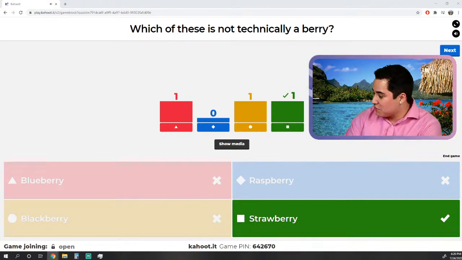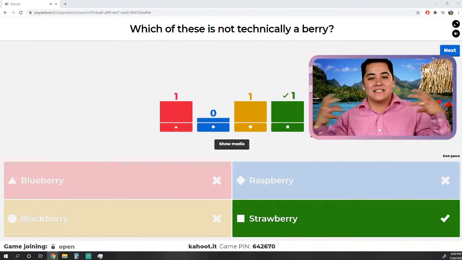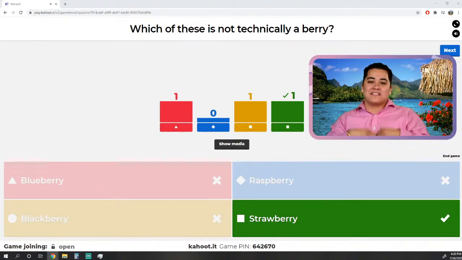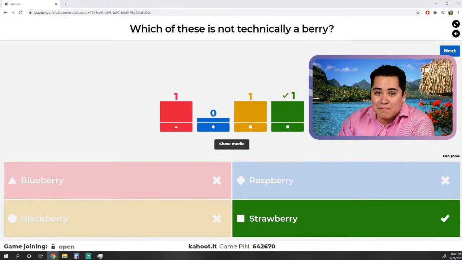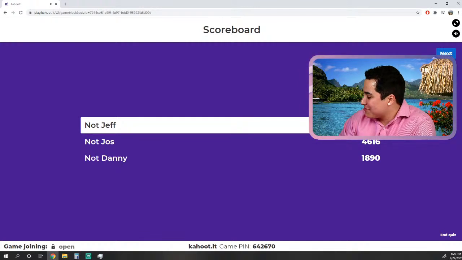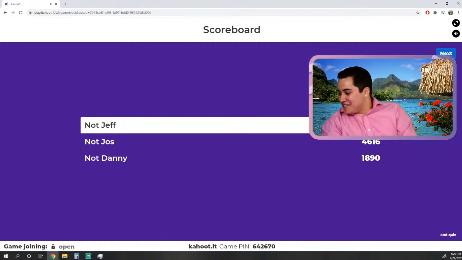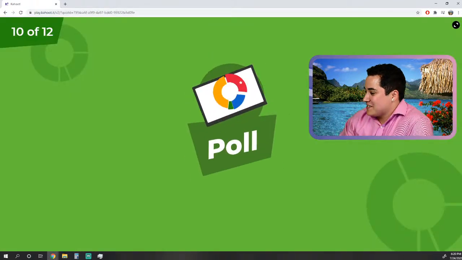Yeah, good job to the one person that got strawberry. Berries have seeds inside them, whereas strawberries have seeds on the outside. So they're technically not a berry. They're, I don't know, a veggie or something. I don't know. All right, Jeff with 65.67, not Joss with 46.16.